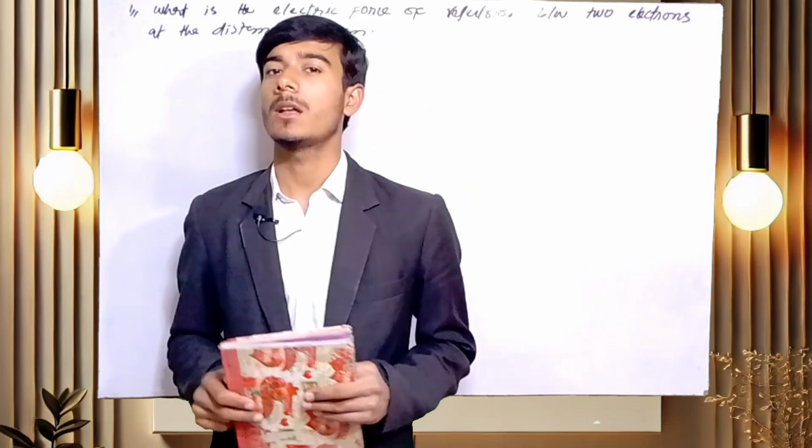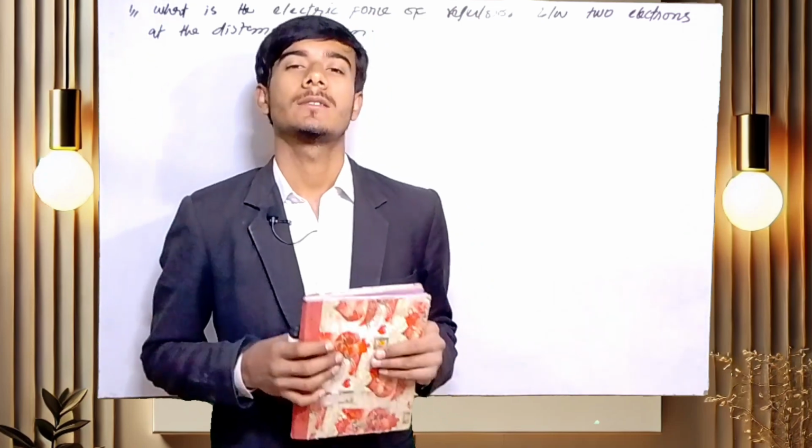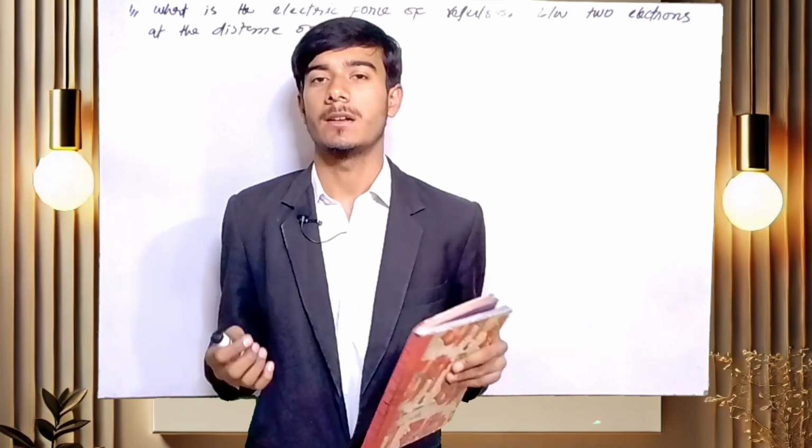You know that electrostatic force is attractive as well as repulsive: attractive when the charges are dissimilar, repulsive when the charges are similar. So electron and electron are similar charges, that's why they repel each other.